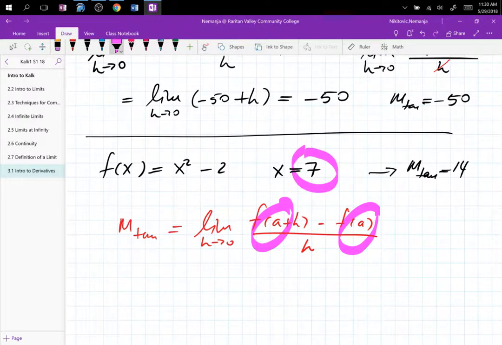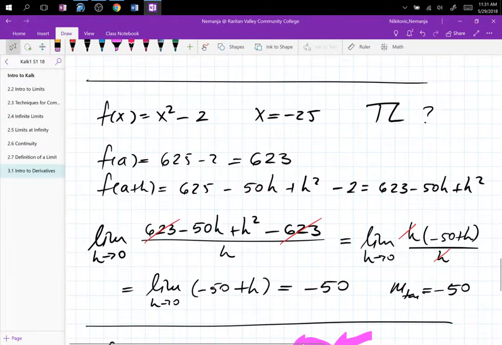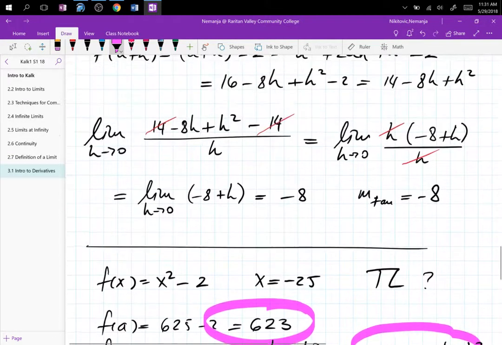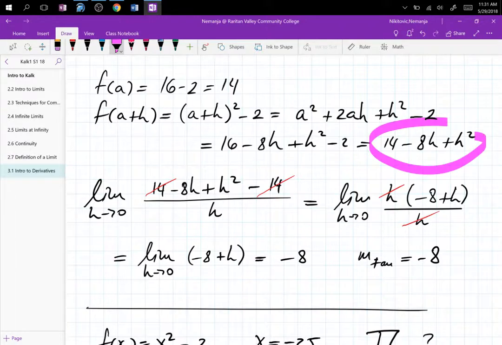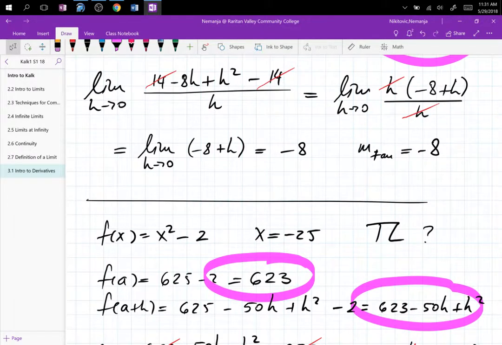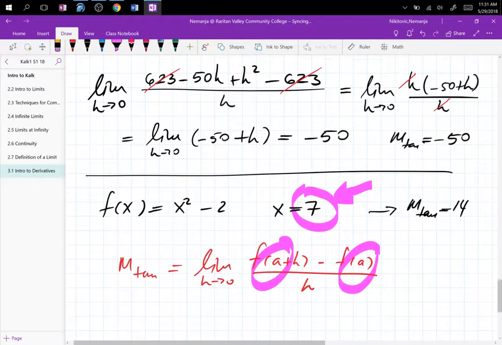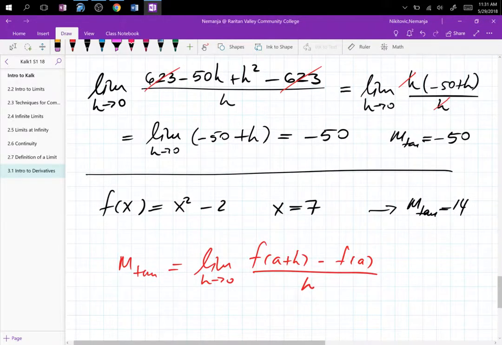It is the particular number which gets plugged in, and you have to grind from scratch every time you change it. Does it make sense? Because as soon as you change that number, entire calculations change for this and this, right? They are different functions, as you can see. This one had the 14, this one had 623. They're different. Every time I change the value for a, all of the calculations change.